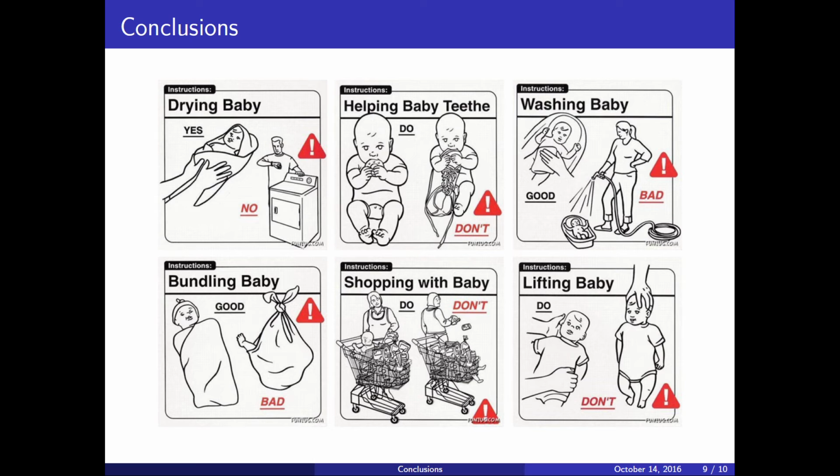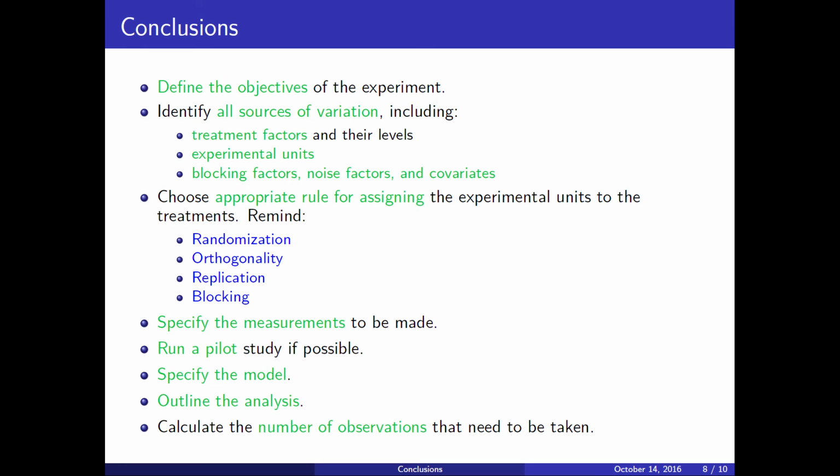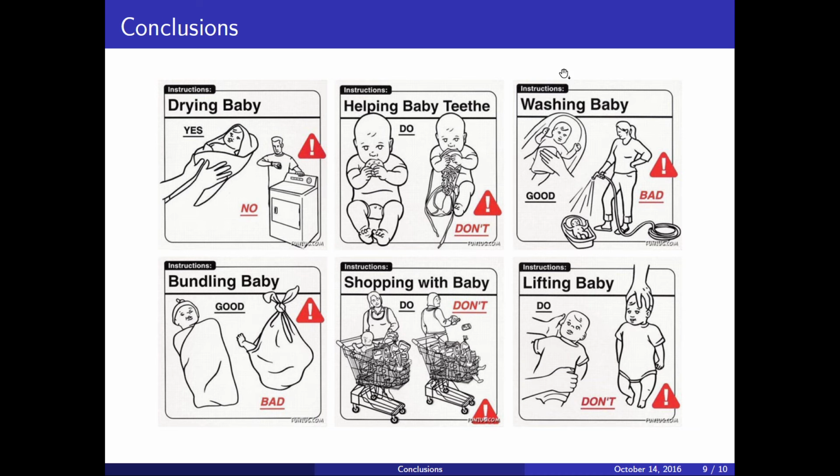If you do all these things wrong, not completely wrong, but probably it is not terrible, you could have done better. So for instance, if you want to wash your baby, it is better to do it like this than to do it like this. So probably you are badly treating your experiment, but it will not die.